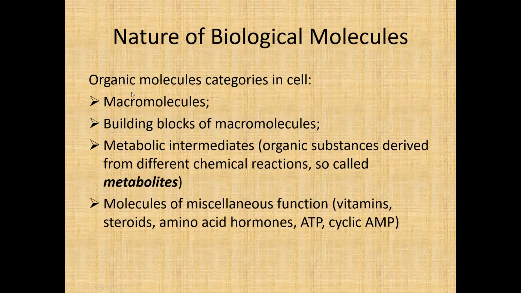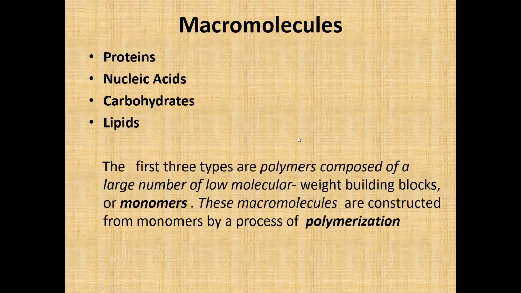There are 4 different types: macromolecules, building blocks of these macromolecules, metabolic intermediates, so-called substances that are derived during cell metabolism, and also molecules of miscellaneous function, like vitamins, ATP, or some steroids. Today we are going to discuss macromolecules and building blocks of macromolecules.